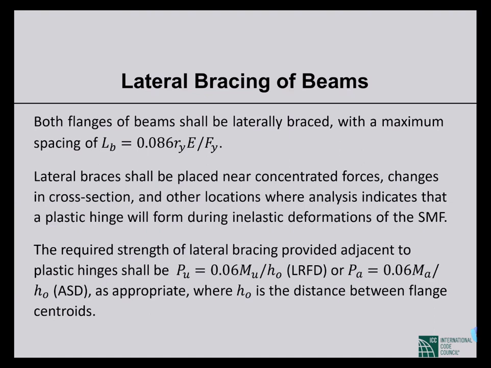So 6% of that force, we want the lateral braces to withstand 6% of the force that will come on the structure for ultimate loading on the beam as moment, where ho is the distance between flange centroids. So that is a little bit more than the web height.